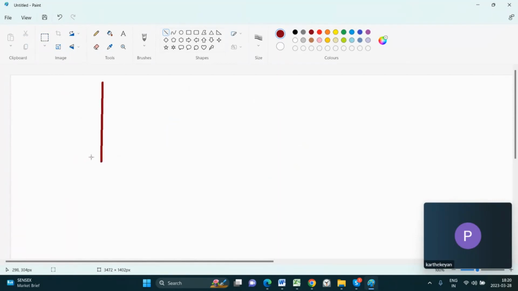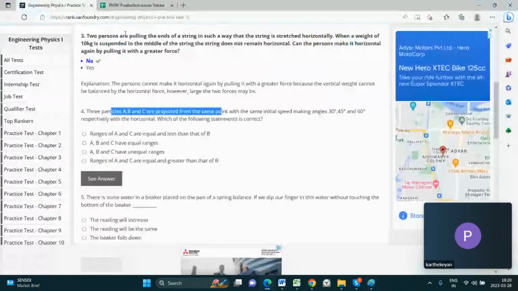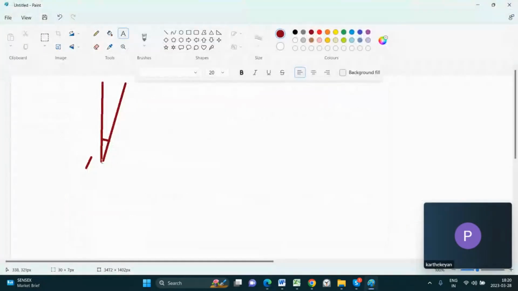Take particle A. This is particle A, at 30 degrees, because there are three angles: 30, 45, and 60. Particle B, I will draw in a different color, from the same point, at 45 degrees. Yellow is 45 degrees.